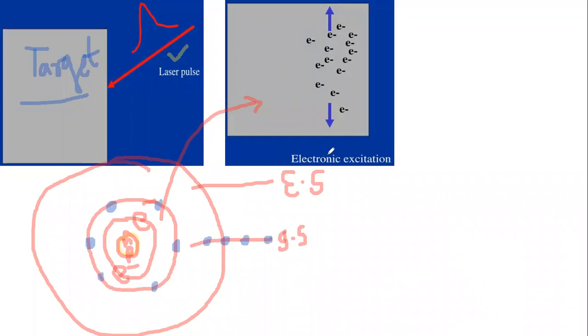Whenever we bombard the laser onto the target material, such as the laser coming here in this way, at the same time that laser beam interacts with the innermost orbital electron.